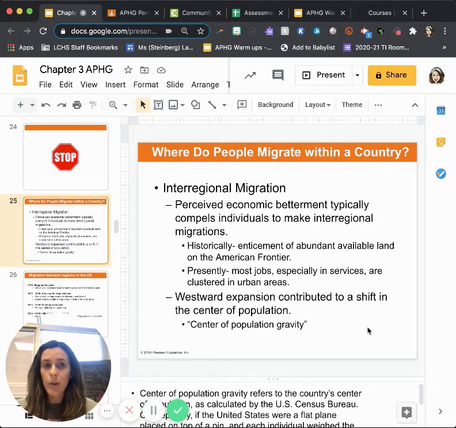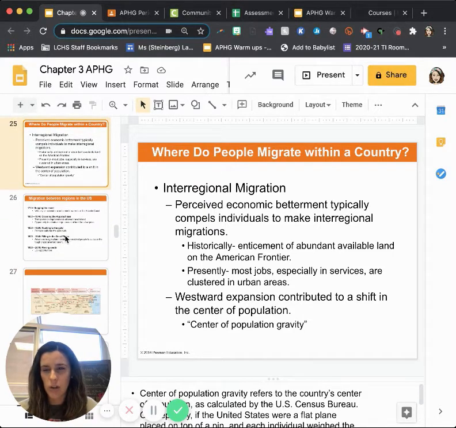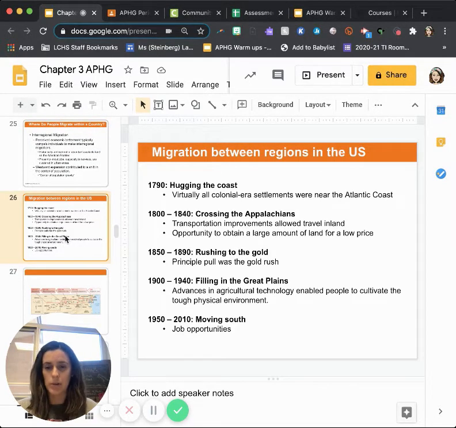If we look at our history of migration throughout the United States, we see our population shift over time. Early population in the United States was clustered on the East Coast, and then slowly over time spread westward. We can refer to this as shifting our center of population gravity. And I'll show you what that looks like in a couple slides here.